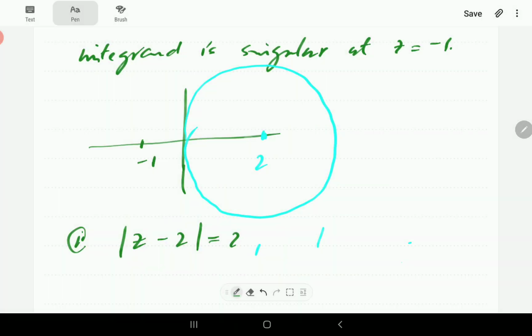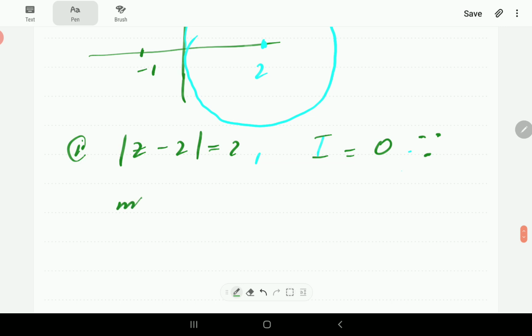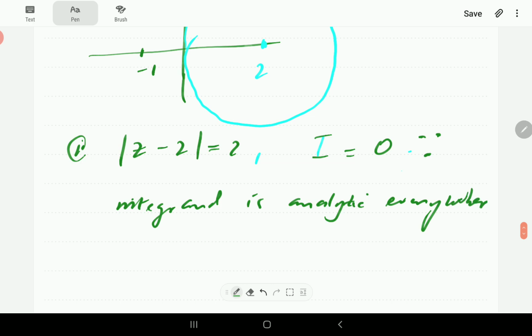So then I is just going to be equal to 0 because the integrand is analytic everywhere inside C.